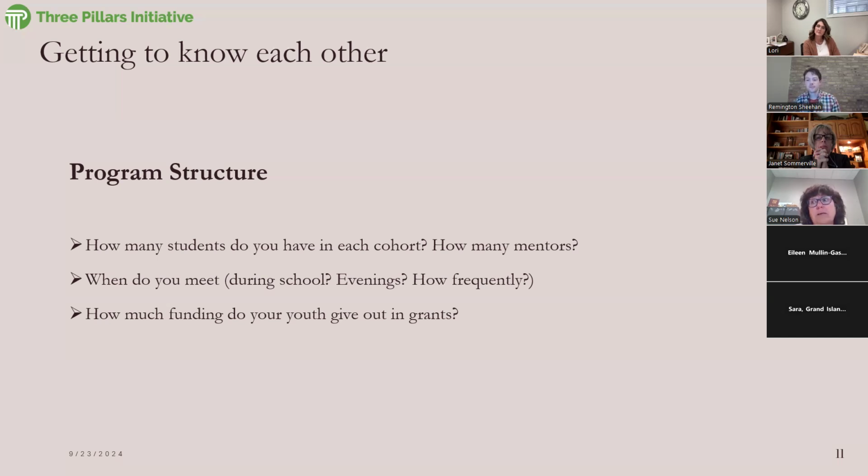I think we're at about a dozen students for that. Like I said, we meet once a month. First the juniors, then the seniors. Right now, because our numbers are a little bit lower, we are getting by with just 2 mentors per cohort, which is working out real well.